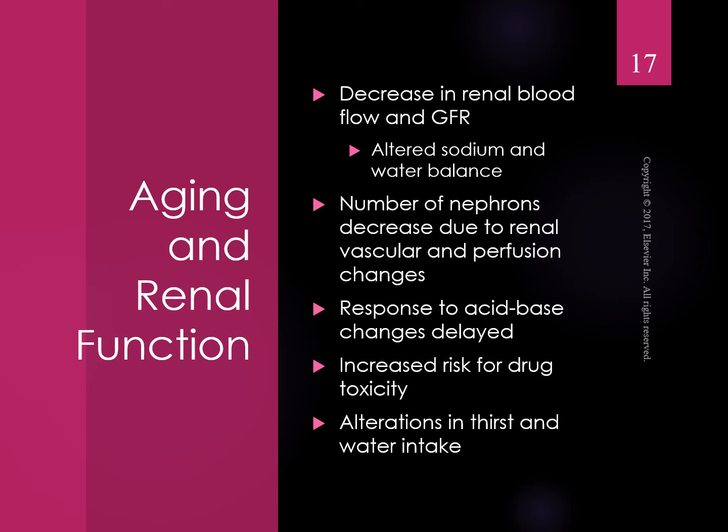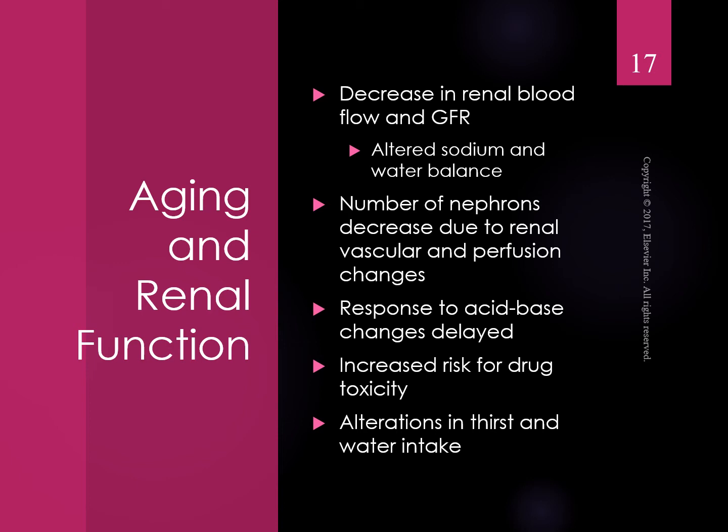So when we're talking about aging and renal function, 45% of people older than 70 years of age have chronic kidney disease. Hypertension and diabetes accelerate the decline of renal function.